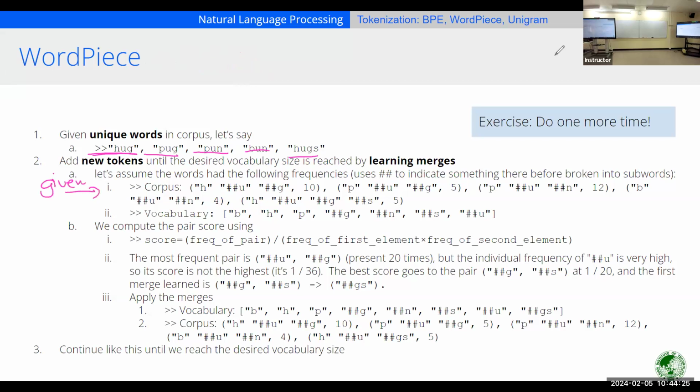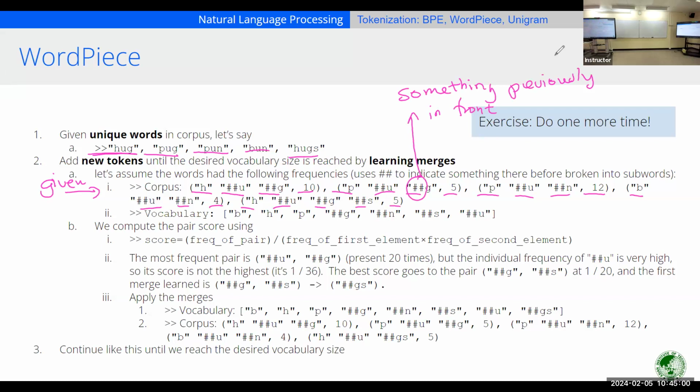So let's say we have hug 10, pug 5, pun 4, bun 4, hugs 5. And again, what this means is something previously in front.